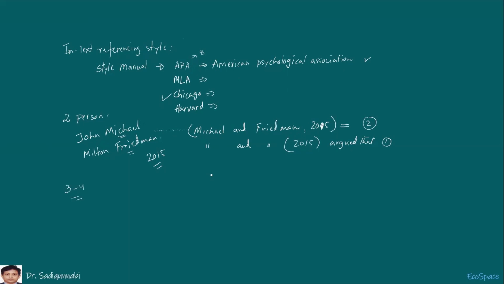You write in this way. So for 3 to 4, you have to write down Michael et al. Et means and, al means others. So Michael, comma, et al, 2015. So no other name will be coming here. Okay. These are for 3 to 4 persons.